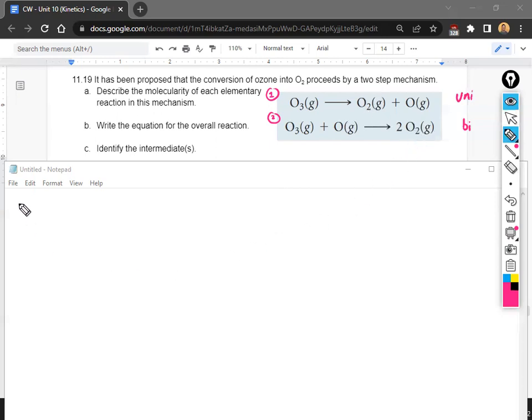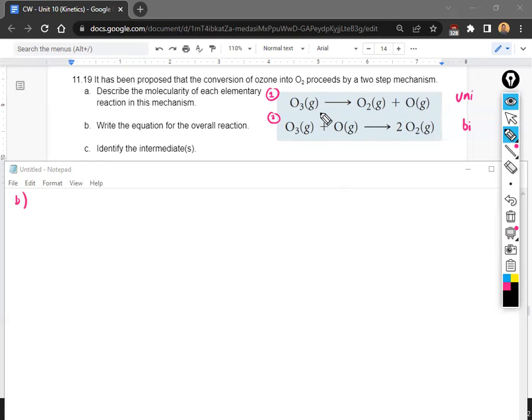All right. Part B is the one that I think can start getting a little bit tricky. So let's start going over it. The easiest way, I think, to figure out the overall equation is to take a look at what's on the reactant side, what's on the product side, and cancel out whatever's on both sides.